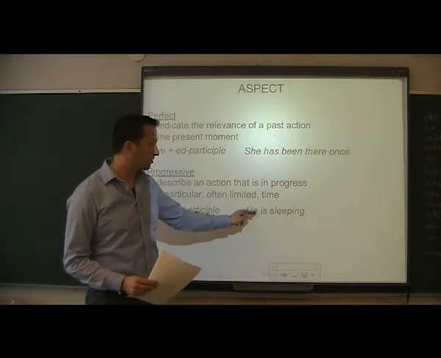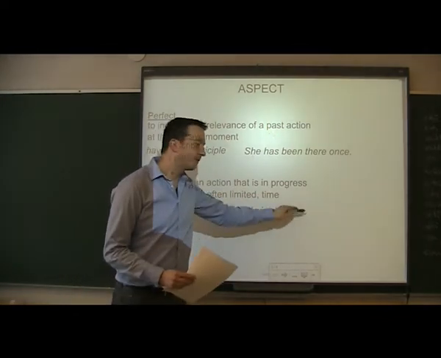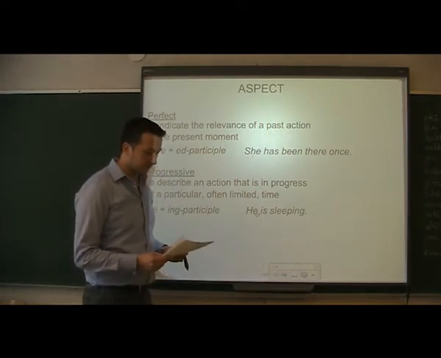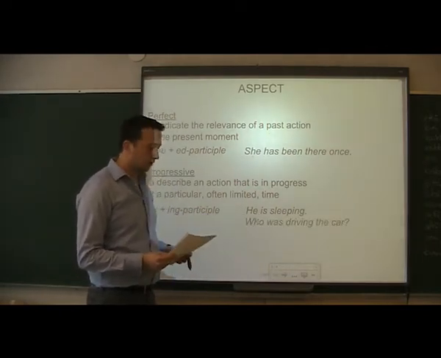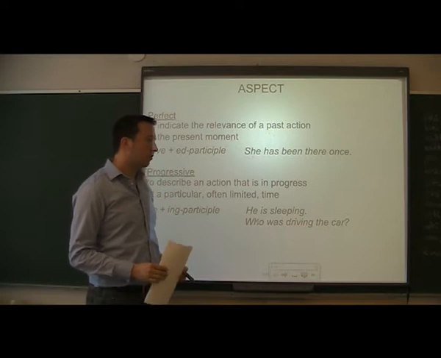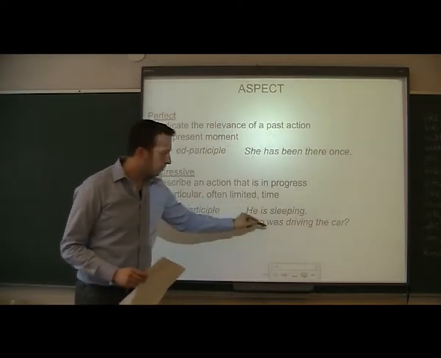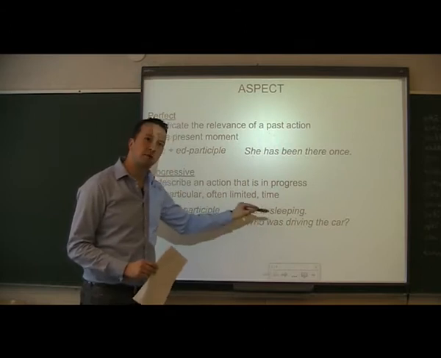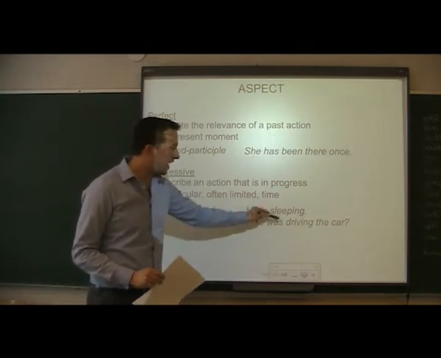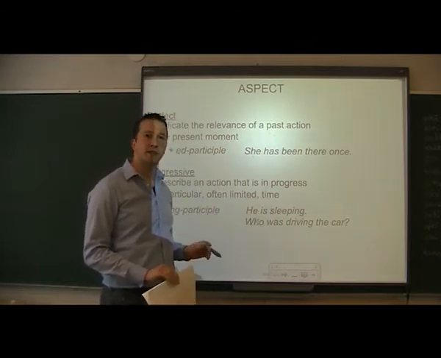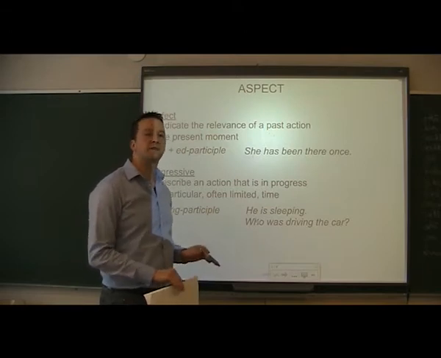Here we have the auxiliary be and the ing form of the main verb. Or, who was driving the car? Both of these verb forms tell us that these are actions that took place over a certain period of time.